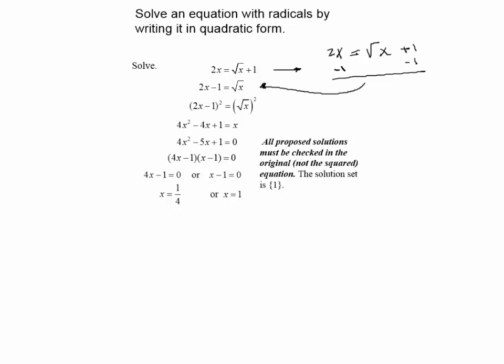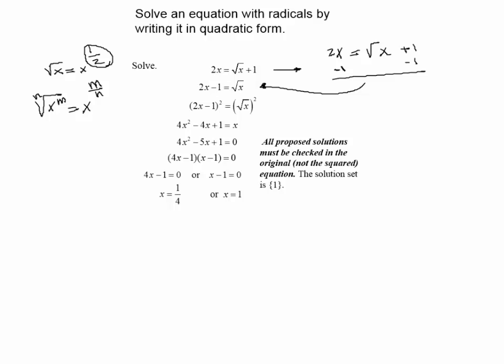To eliminate the radical, I square them. Remember what radical x is: radical x really is x to the power of 1/2. We know the nth root of x to the power of m is the same as x to the power of m over n.